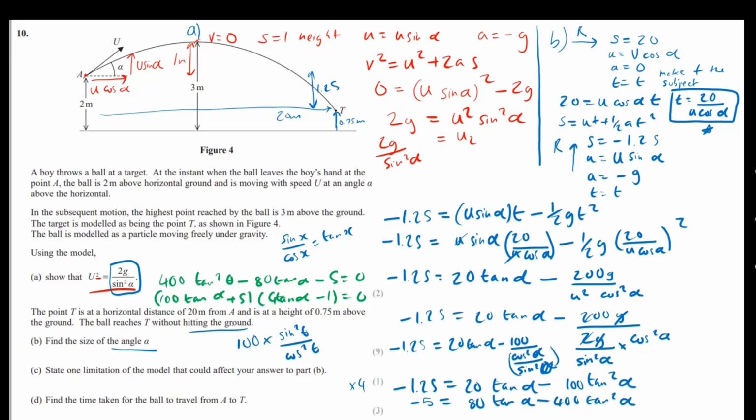So you solve for both, which you'll get, to make it 0, tan alpha equals minus 1 over 20, and for the other bracket, tan alpha equals 1 over 4.